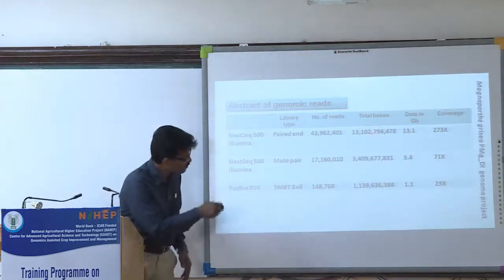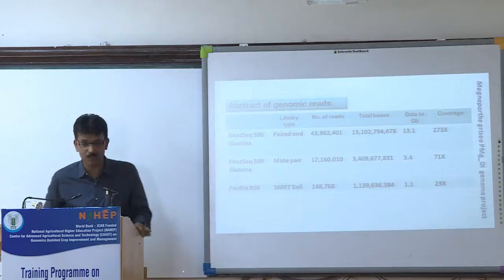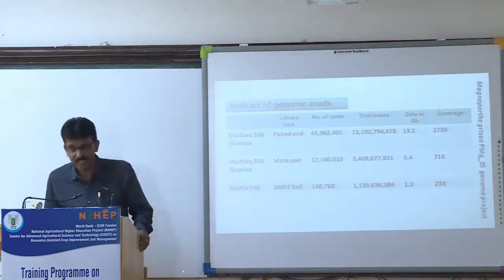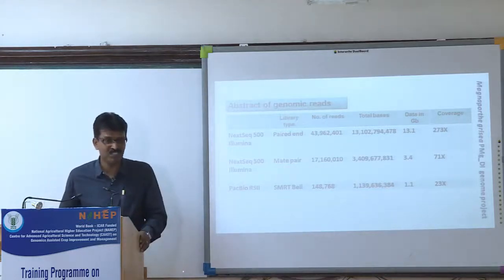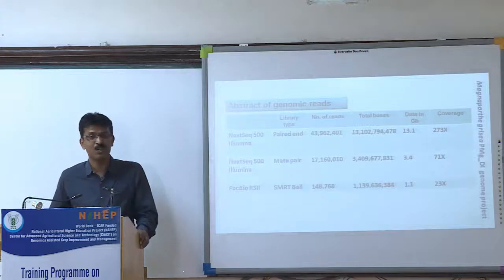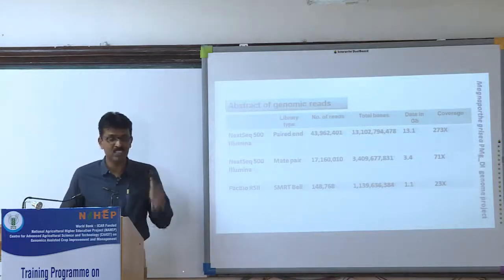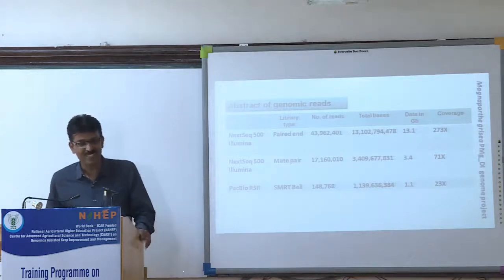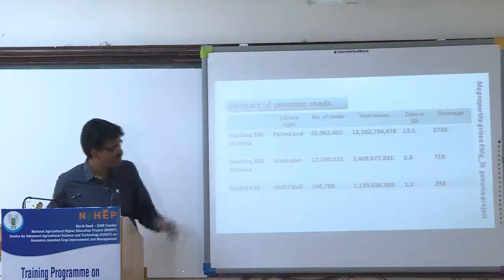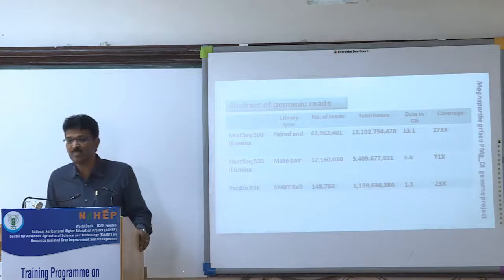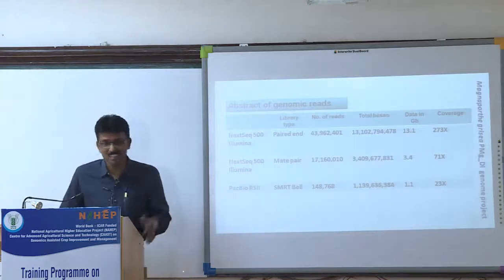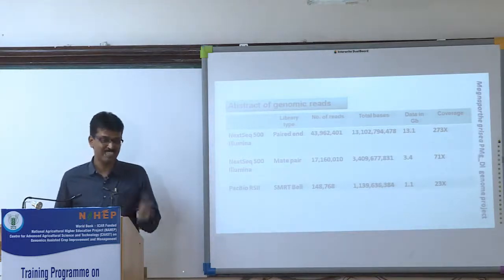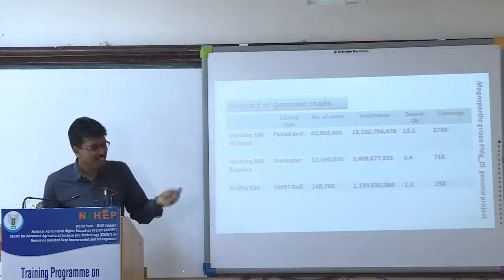The total bases divided by the estimated genome size would indicate how many times each read is sequenced, the depth of sequencing, right. 273x means a particular read is sequenced that many times. As simple as that.